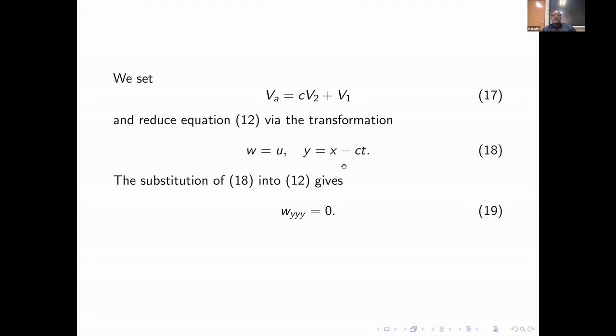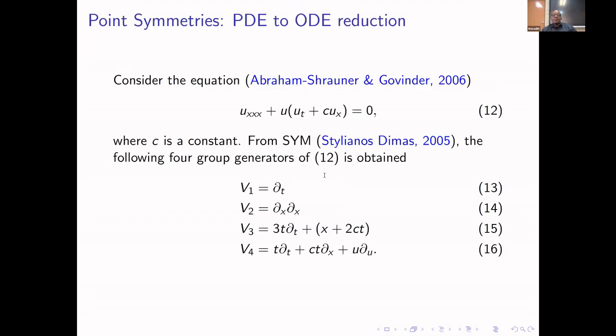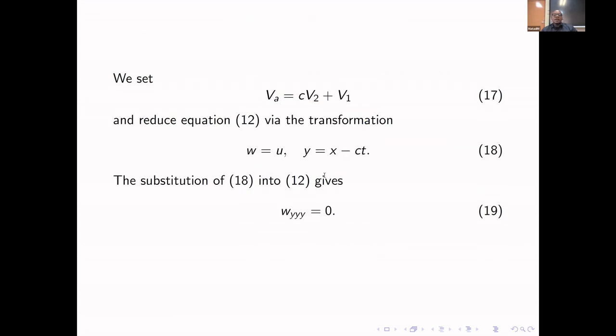This transformation, with Y the new independent variable and W the new dependent variable, reduced that complex PDE. Remember, we said that a PDE can be reduced to an ODE, or by doing a reduction, you can get another PDE. In this case, the PDE is reduced to an ODE.